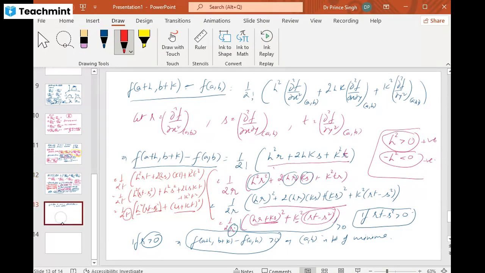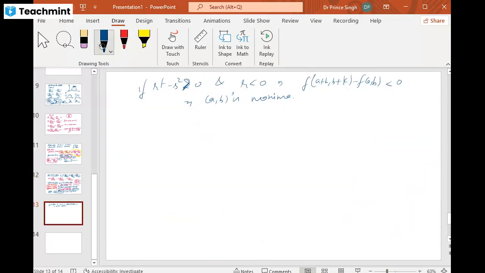So what do we basically conclude? The conclusion is: f of xy is a function. Firstly we find the first order derivatives and put them equal to 0. Then the value of x and y that we get, we name it as a point AB.